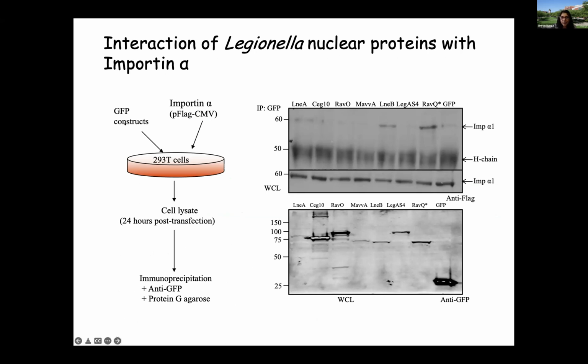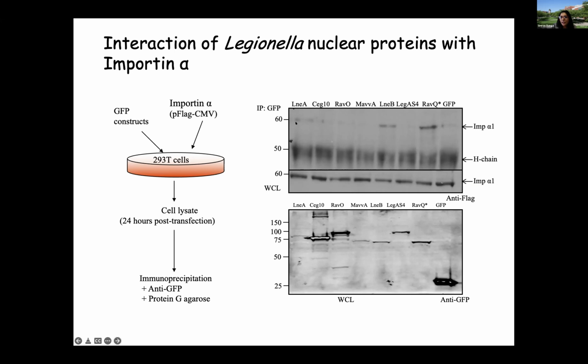Here I have the GFP constructs, and I tagged the importins with flag tags so that I could do immunoprecipitation assays. Using HEK293T cells, after 24 hours of transfection, I carried out an immunoprecipitation assay.